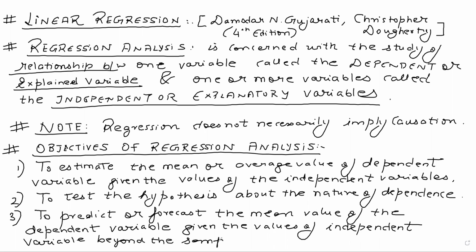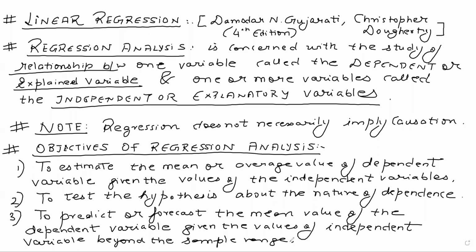Now guys, what does the last point mean? Last point means regression will also allow us to extrapolate. I hope students have heard this term before, extrapolation. Extrapolation means it will allow us to forecast what will be the value of the variable in the future based on the past trend.